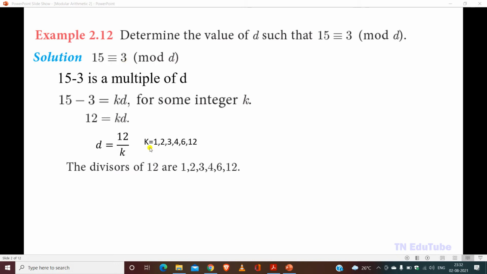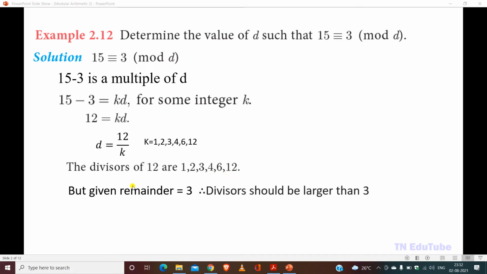That is, the remainder is 3. So what are the numbers greater than 3? 4, 6 and 12. That is the answer. The divisor should be larger than 3, so the possible values are 4, 6 and 12.